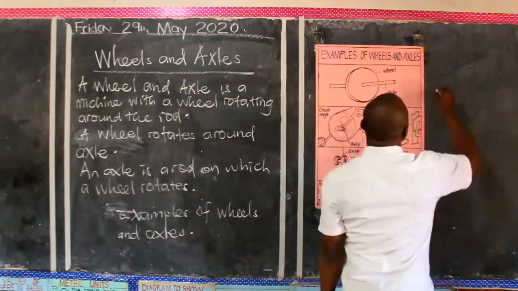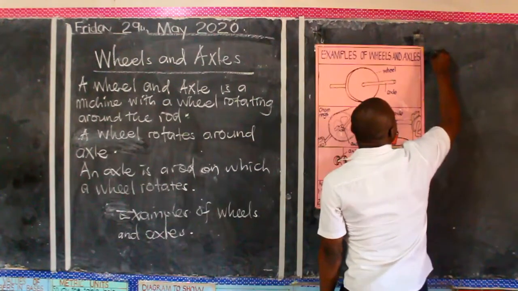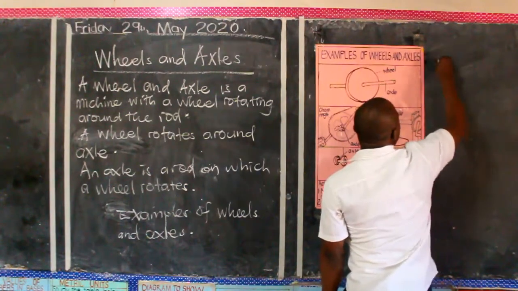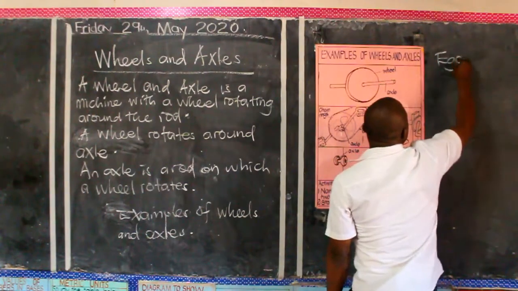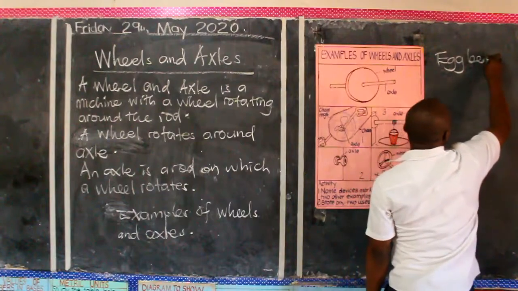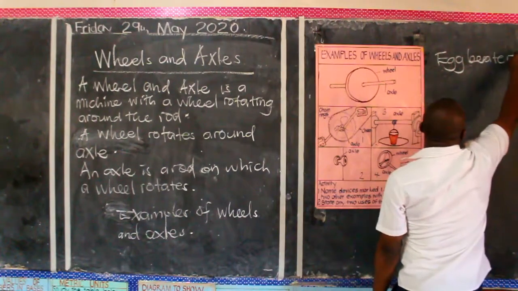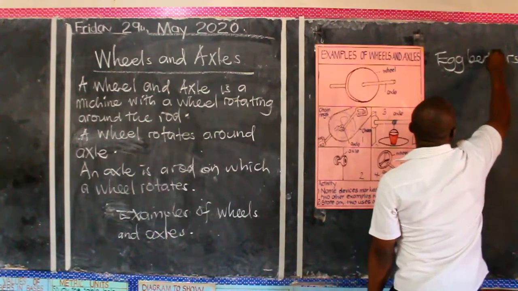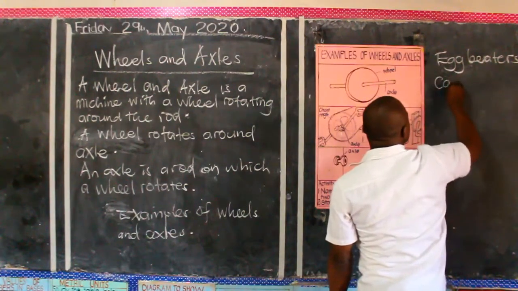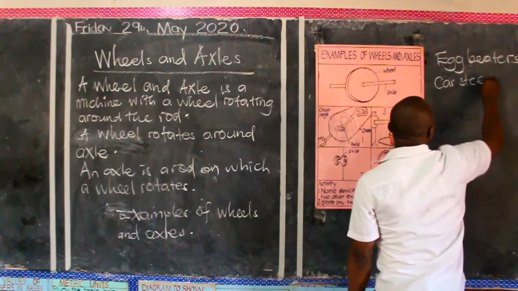Examples: we have egg beaters, and we have the car steering wheel.